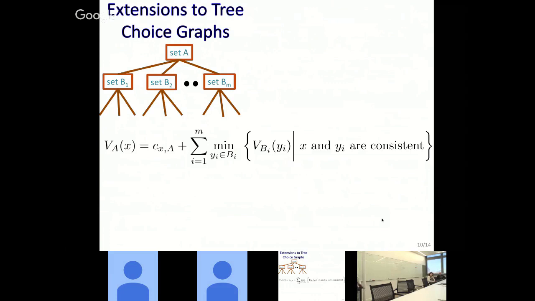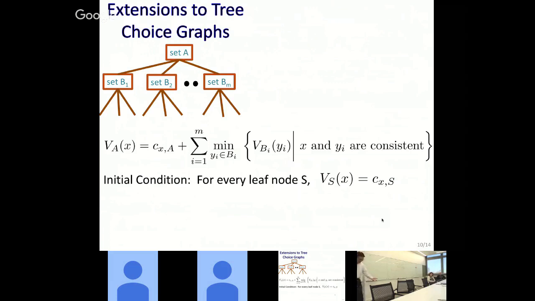So you take the minimum over each of the Y's in the child node. Again, we would run this dynamic programming from the leaf nodes of the tree. At the leaf node S, the value function would simply be the cost coefficient CXS. You take that as the terminal condition and roll it up using the simple dynamic program. Once you get to the root node, you get what you want.